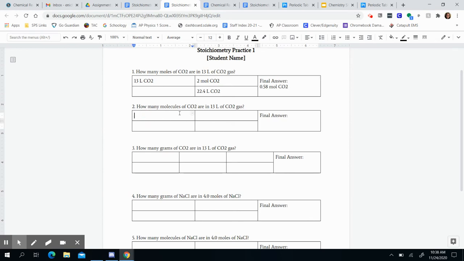I think it's the subscript on a bunch of these. I'm going to need to do my 13 liters of CO2, and I'm going to divide it by 22.4 liters of CO2. And then that's going to lead me up to 1 mole of CO2.